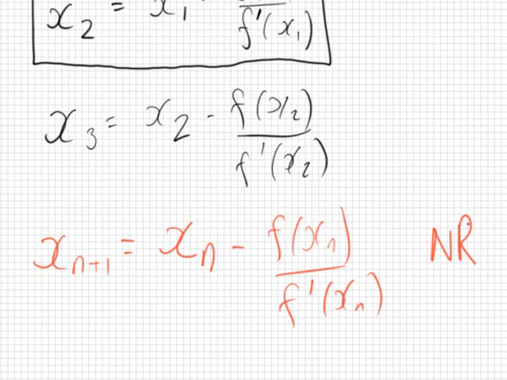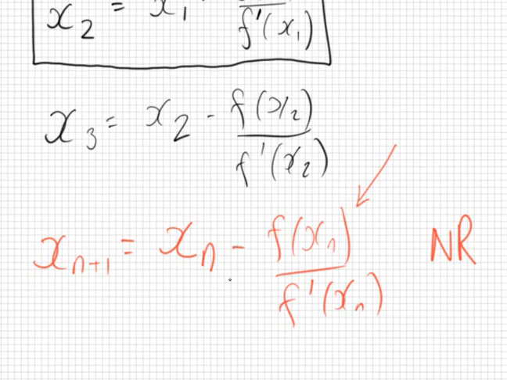So I'll give you an example of this, one where we know the answer. By the way, notice how the function is in the numerator, because when you arrive at the root, this will now be 0 because you're at the root, meaning that there's no more change.